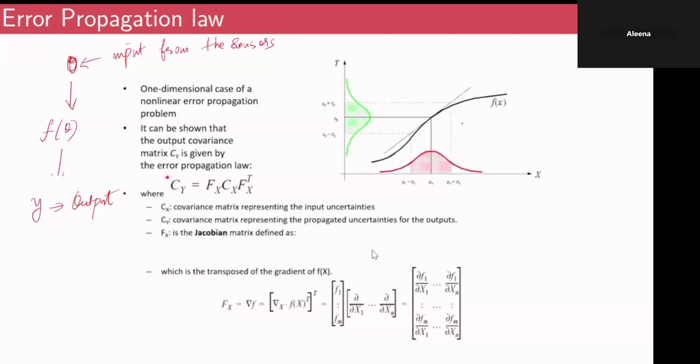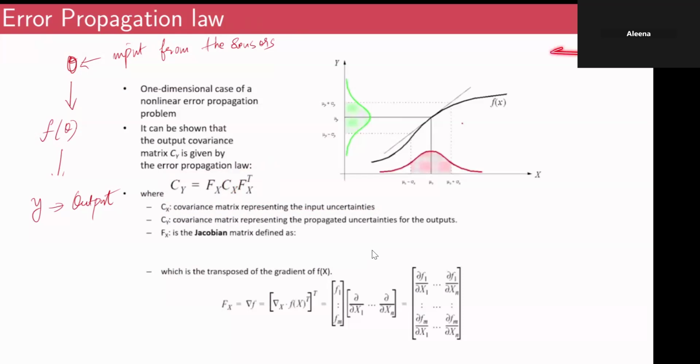So as you can see in this equation, this matrix Cx is the covariance matrix representing the input uncertainties. If you're talking about sensors, there could be multiple sensors.